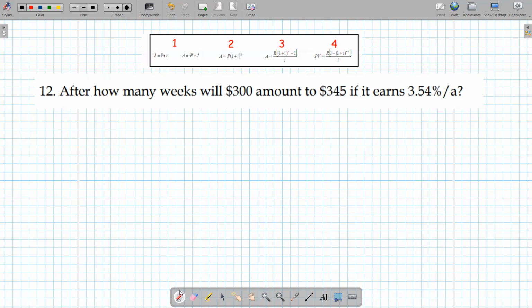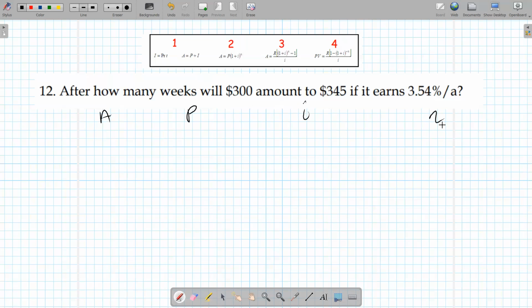It doesn't say if it's simple interest or anything, to be honest. So 2. It's unclear. It should have said what it is. Let's assume it's compound interest. Yeah, it doesn't say anything. It just says per annum, so that could be either 1 or 2. We're gonna make things difficult for ourselves, so we're gonna say it's 2.